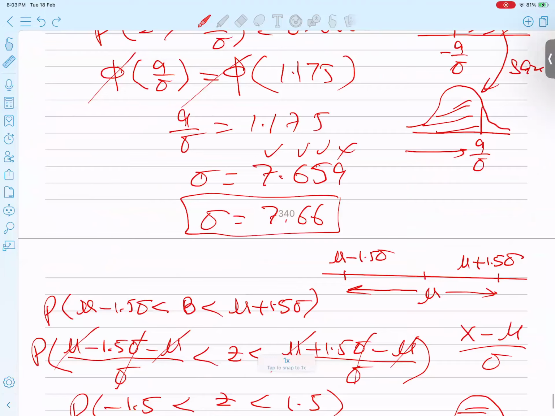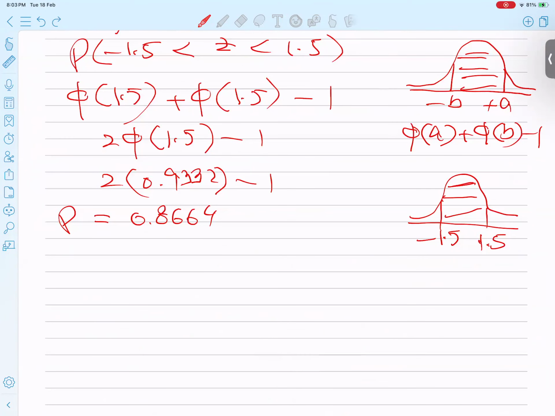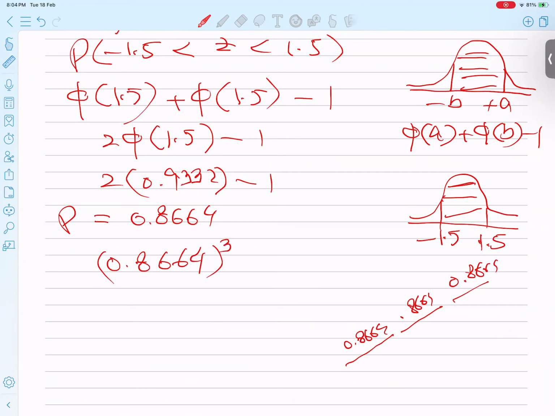So what we have to do is the same sense, like when we have 3 branches, so these 3 options you have. What do we do, students, in this kind of situation? Multiply all 3 values. So this is 0.8664, 0.8664, 0.8664. So it means the answer I have to find is 0.8664 to the power 3, or multiply them.